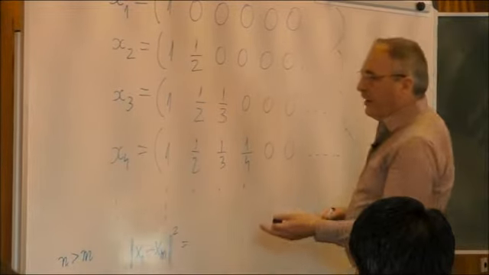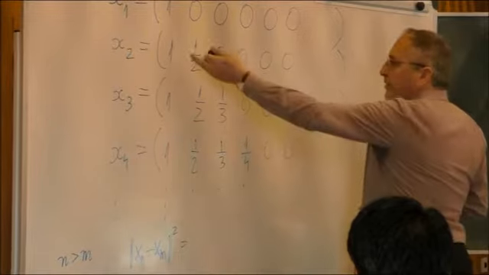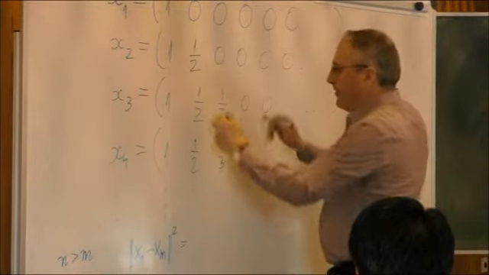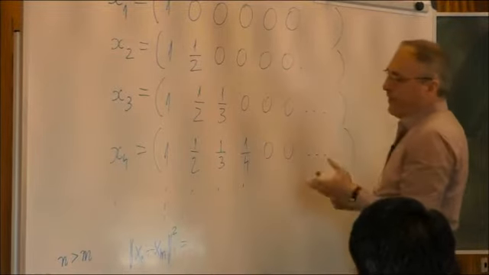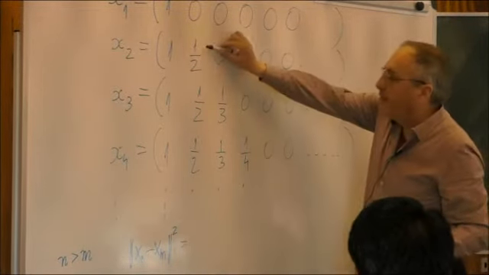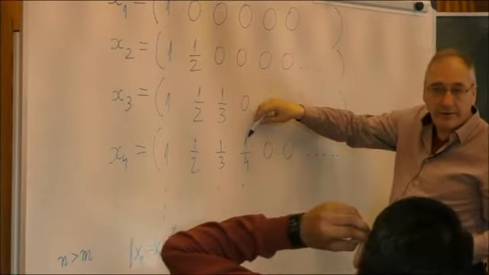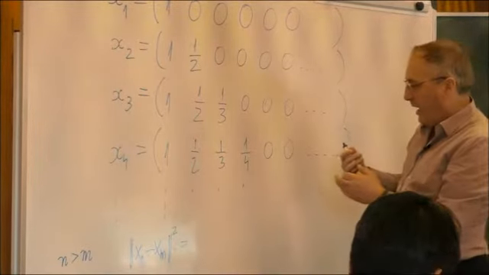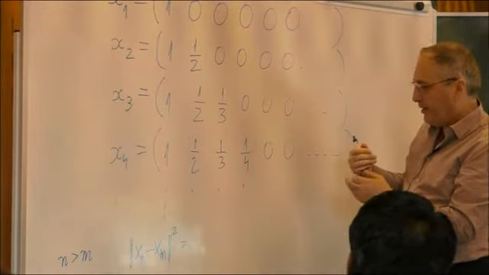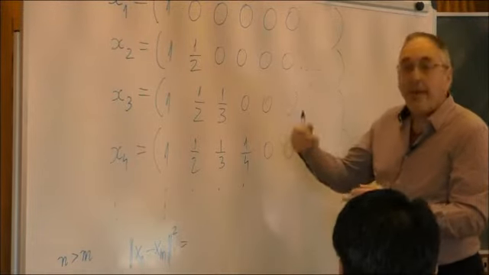So let's say this minus z. If you take this minus z, what remains? Only this term and this term, right? If I take x4 minus x2, then this disappears, and what is left is only 1/3 and 1/4. So in general, only the terms from n minus m plus 1 up to n remain, right?